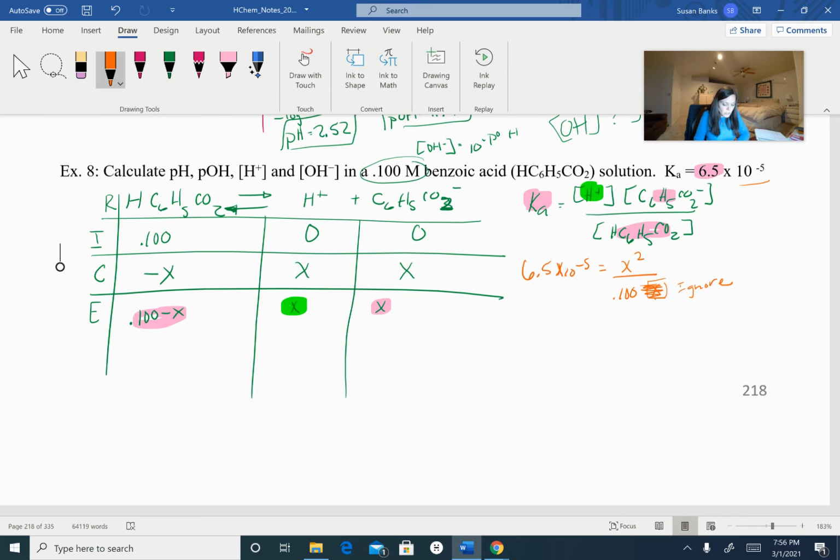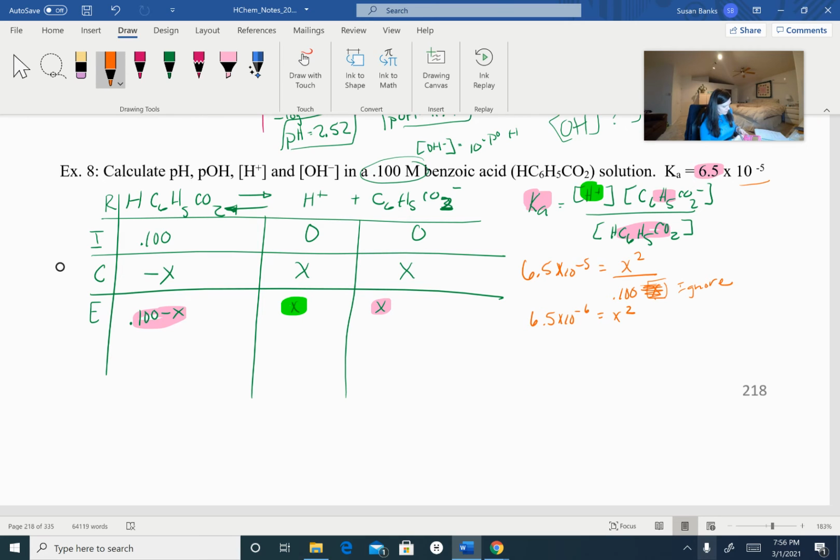I'm going to take 0.1 times 6.5 times 10 to the negative 5. That gives me 6.5 times 10 to the negative 6, which is equal to X squared. So I just need to take the square root of that.